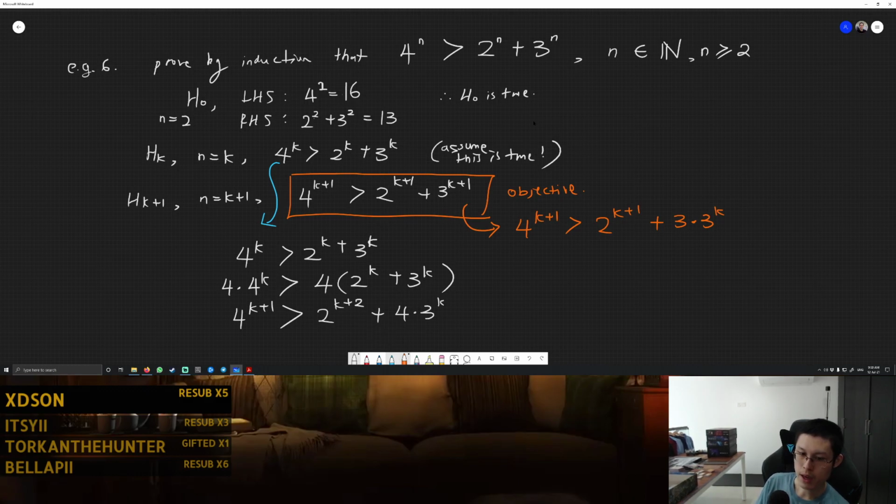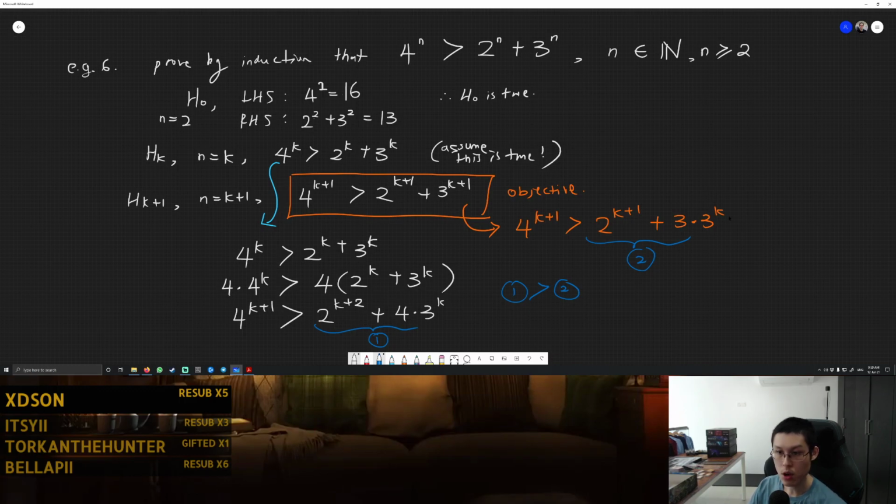Now, if you compare the right side of our objective with the right side of what we know to be true, you can see that what we know to be true is going to be greater than the objective. Okay, you can see this is 1, this is 2. So you can tell just by comparing the two here, term by term, that 1 must always be greater than 2, because this has a higher power, and this you're multiplying by 4 instead of by 3.